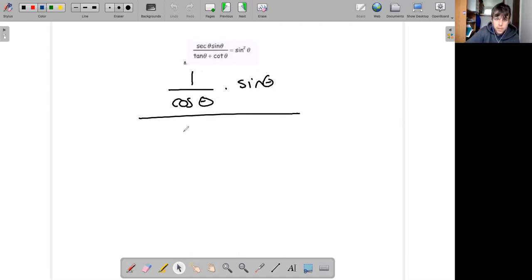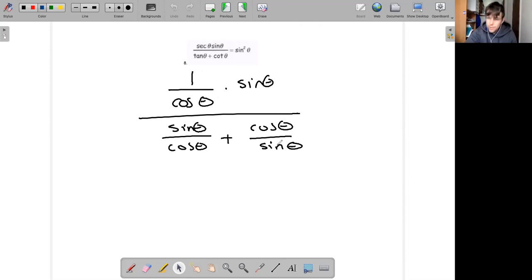On the bottom, we end up with sine theta over cosine theta, that's our tangent, plus cosine theta over sine theta. Well, okay. Usually in the denominator, if there's nothing obvious to cancel out, one of your best bets is to get a common denominator and actually add these together.